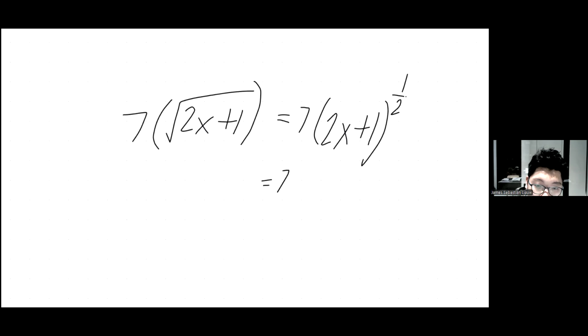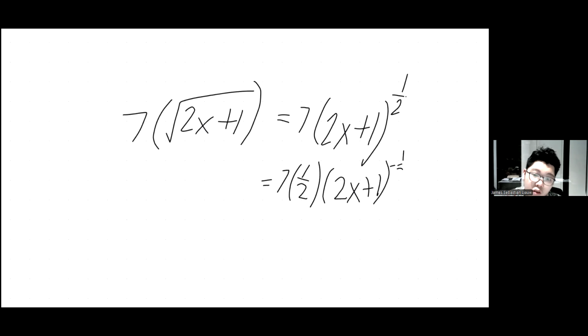Well, you drop the power, and then this becomes 2x plus 1 to the half minus 1, right? So you get minus half. If this was x, by the way, this would have been very easy: half times x to the power minus half.